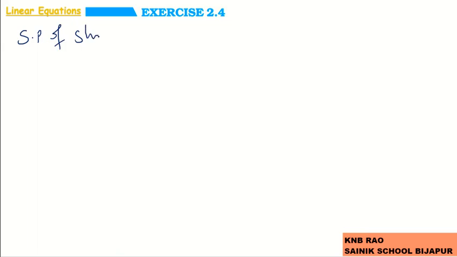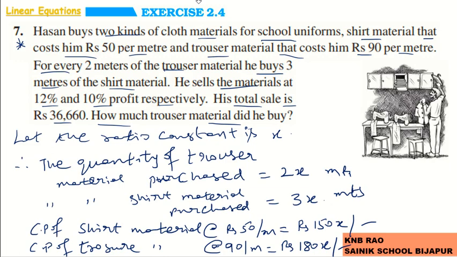Selling price of shirt material. So here how much profit is he making? He sells the materials at 12% and 10% respectively. Which material is he selling at which profit? He is selling shirt material at 12% profit and trouser material at 10% profit.